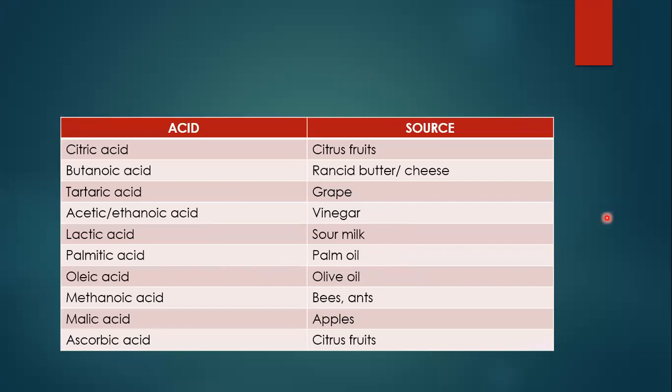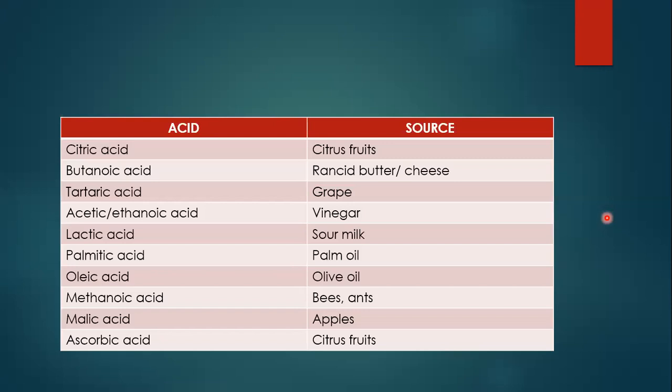And where would you find citric acid? In citrus fruits. So orange, lemon, lime, they are all citrus fruits. Then two, butanoic acid. Now they are found in butter, cheese. So the acid that is found in cheese and butter is butanoic acid.